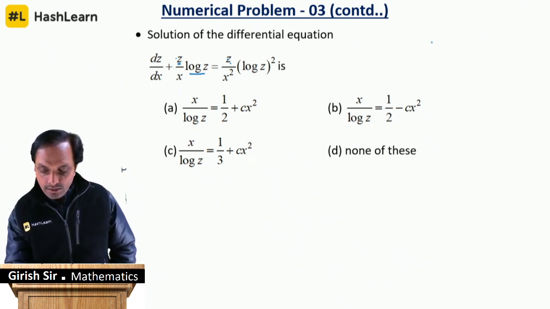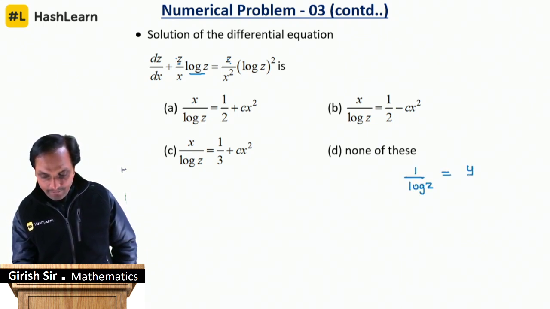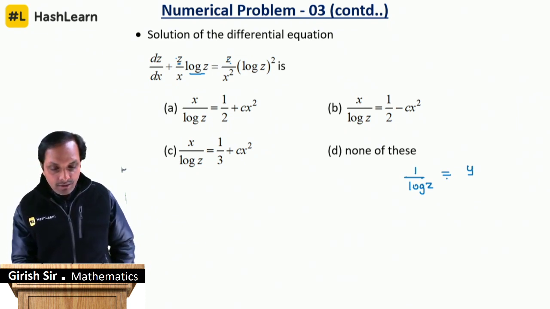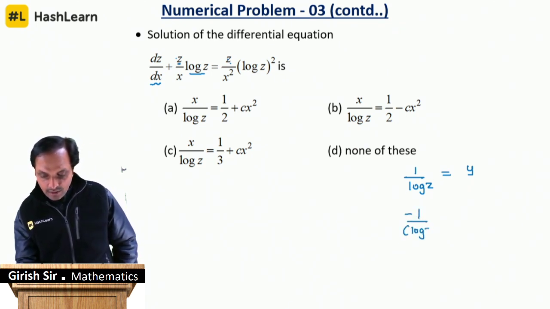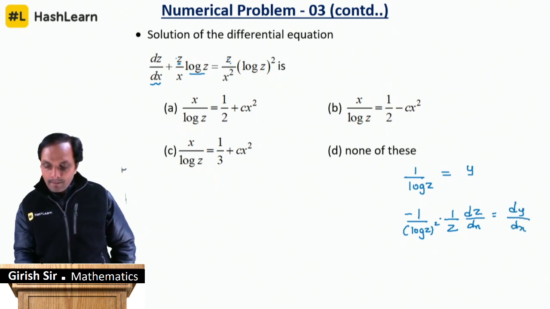Taking it below, you put, attention students, 1 by log z is equal to y. Put 1 by log z is equal to y. What happens when you differentiate with respect to x? Differentiation of 1 by something is minus 1 by something square, log z square, into differentiation of log z is 1 by z, dz by dx is equal to dy by dx.